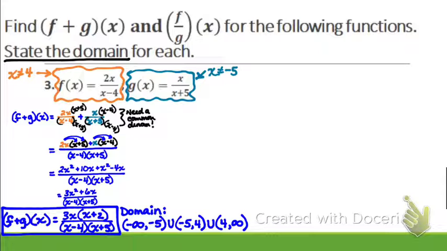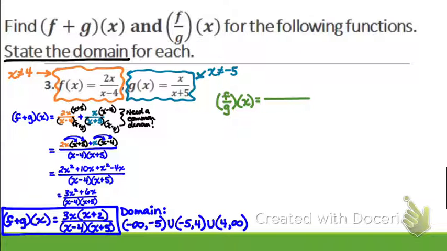So we took the domain restrictions of each of these original functions into account when we wrote the domain for our sum. All right, let's do our quotient. So f over g of x.